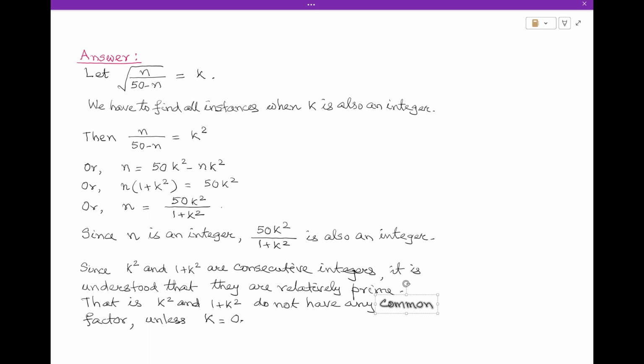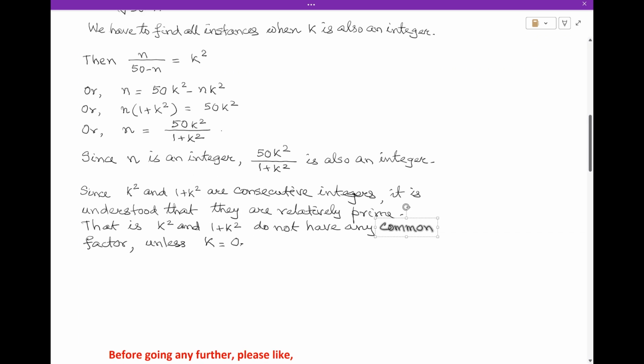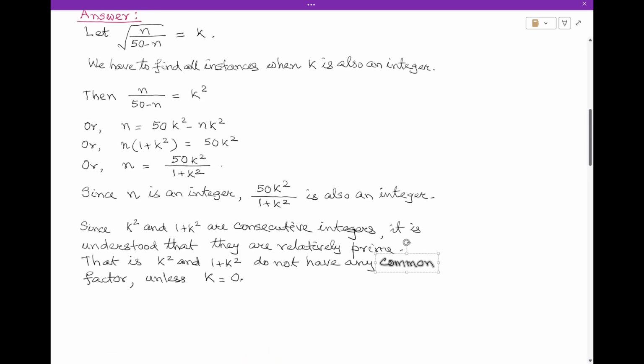Now it is given that n is an integer, therefore 50k square divided by 1 plus k square is equal to n, and this quantity also will be an integer. Now k square and 1 plus k square are consecutive integers.